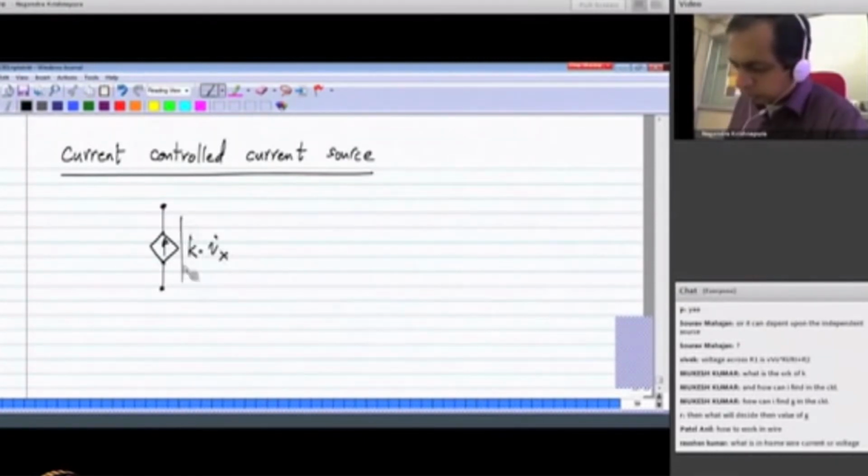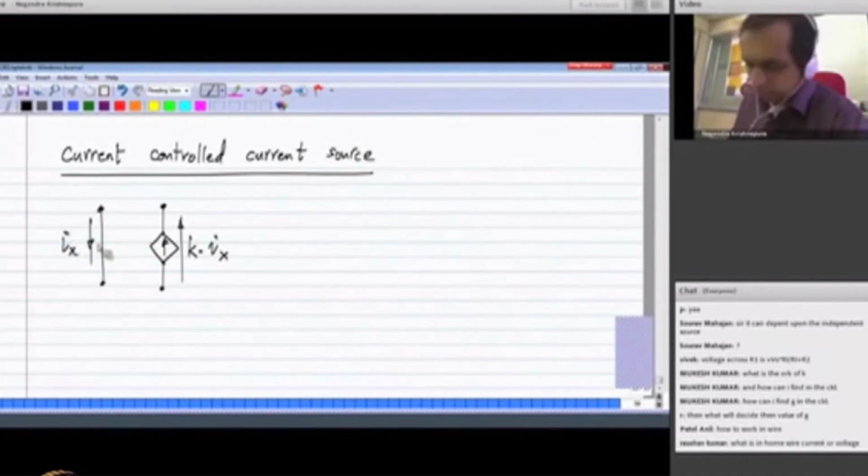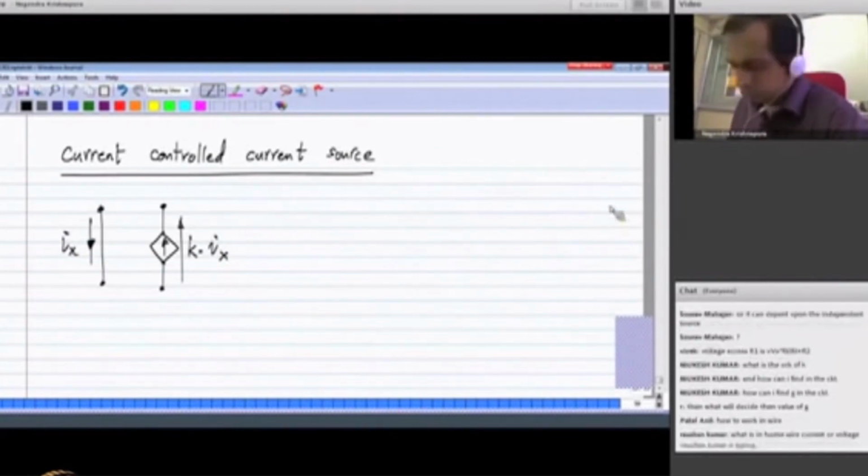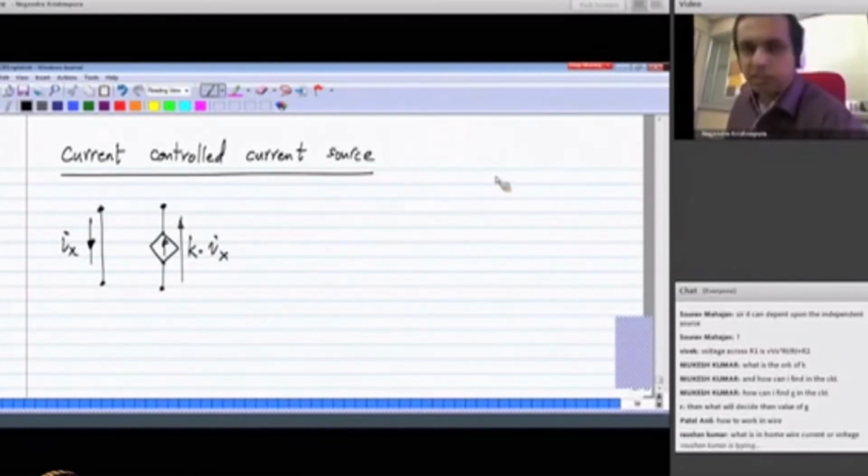That is, the current being forced by this current source equals K times Ix, where Ix can be any current in any part of the circuit. So Ix is flowing through this wire. So in general, you would define the current through some branch to be Ix.